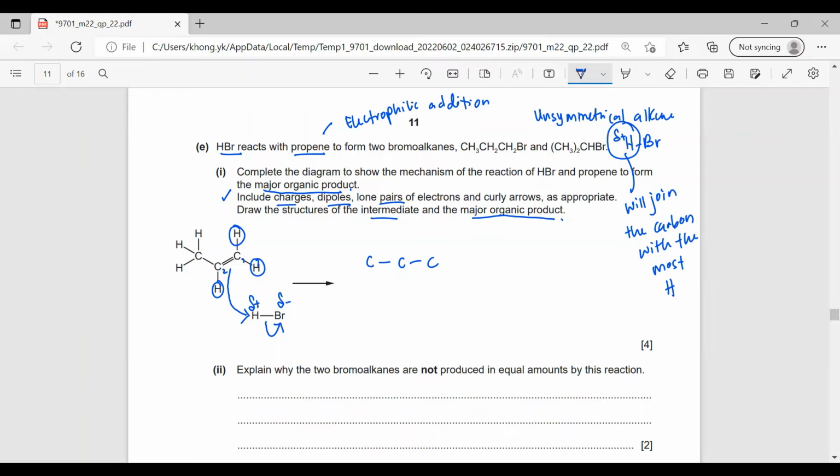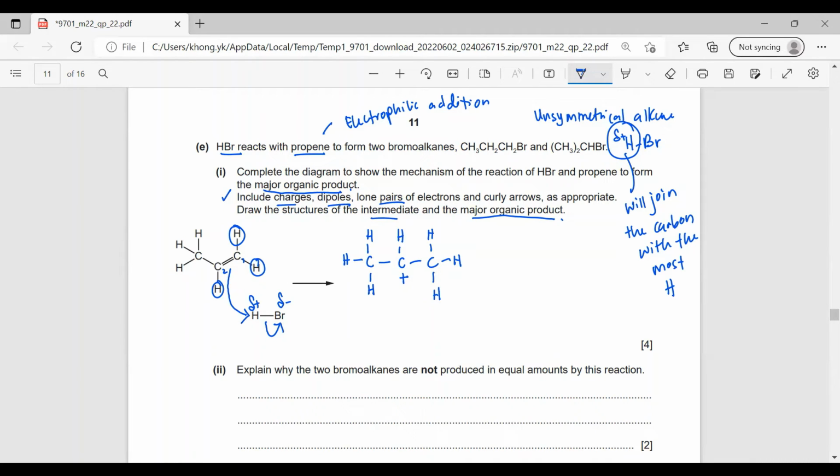So to get the major product, normally the H will join the carbon with the most H. In this case, the H will join the first carbon because it has 2 hydrogen, and then you will get a positive charge at carbon number 2. So this is a carbocation intermediate, and it is a secondary carbocation intermediate.